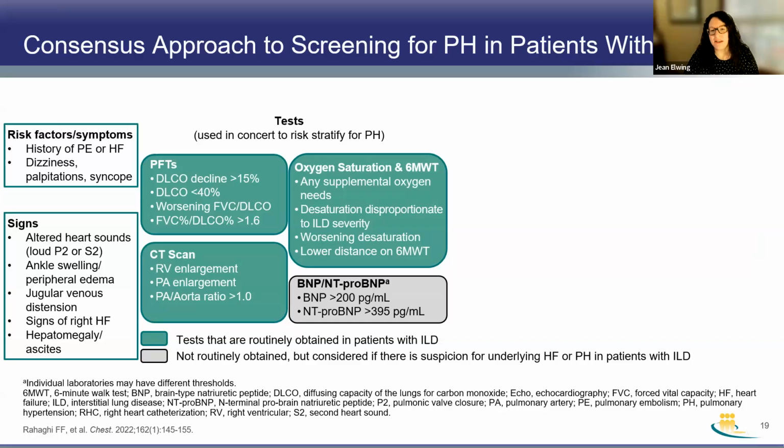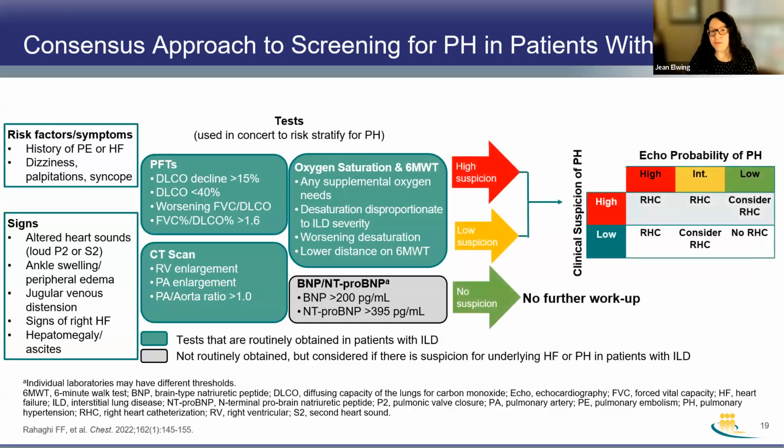And if our patient has anything more than no suspicion for pulmonary hypertension, we want to go on to the next step, get our echo, and then proceed to right heart catheterization in the appropriate patients. So I think you can use this tool to determine when you have any suspicion for pulmonary hypertension and then go on to the next steps.